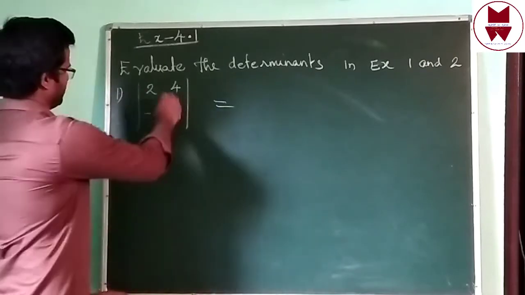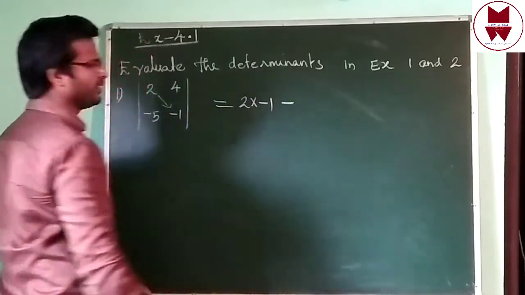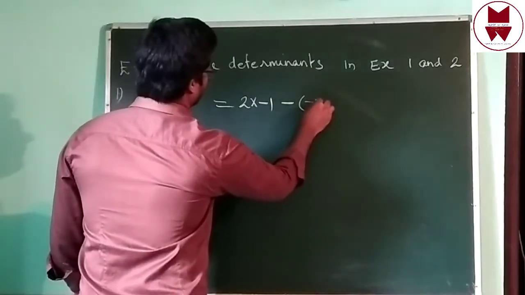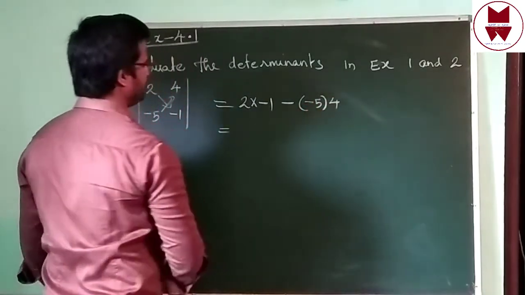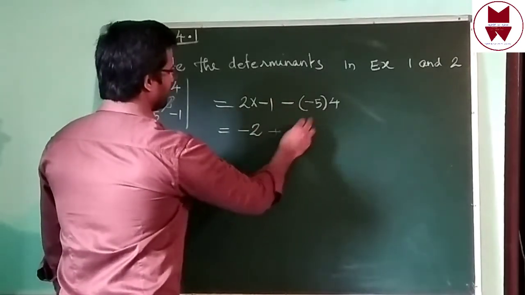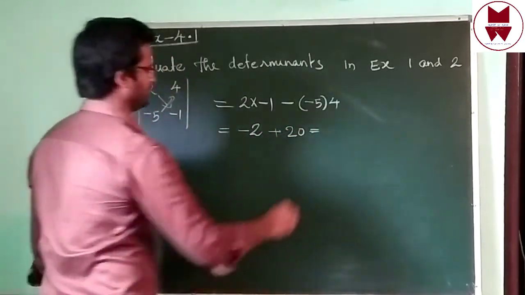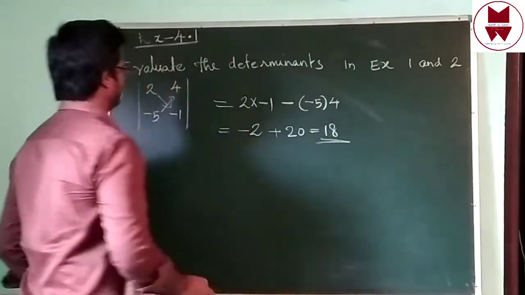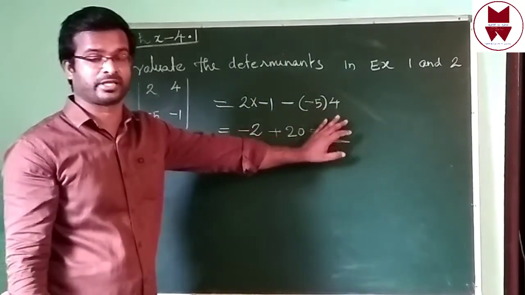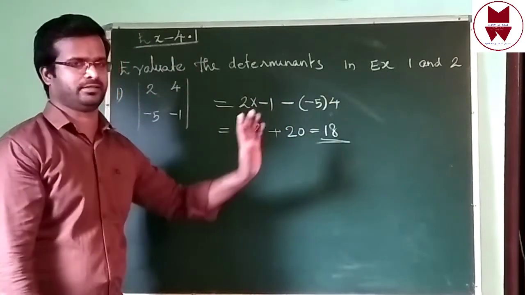Directly we can find it, just cross multiply: 2 into minus 1, minus 2, then minus 5 into 4, so minus into minus, plus 20. Equal to 20 minus 2, that will be 18. This is our determinant. We will get only one real number, isn't it? After doing this part, we get one number, that is the determinant.